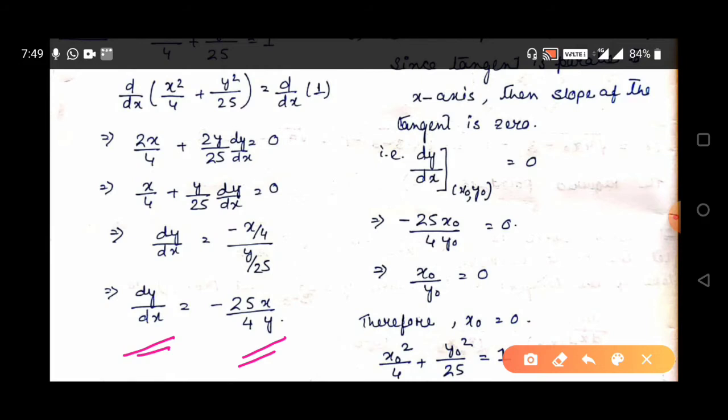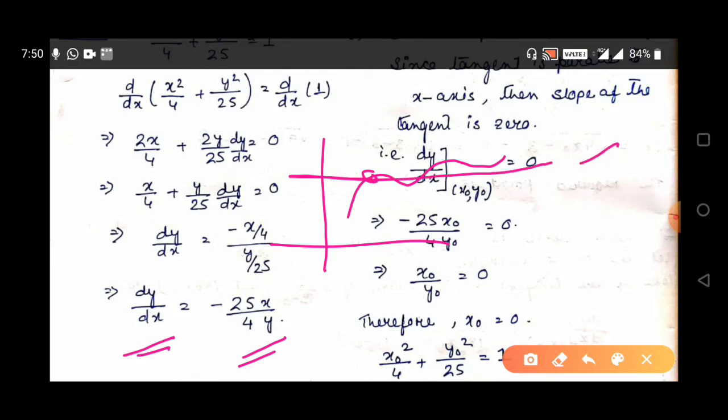So suppose I am drawing the curve. If there is any curve like this and the tangent is somewhere here, if we draw the tangent like this, then the tangent is parallel to x-axis and the angle between tangent and x-axis is 0, then tan 0 degree is 0. So the slope is 0.